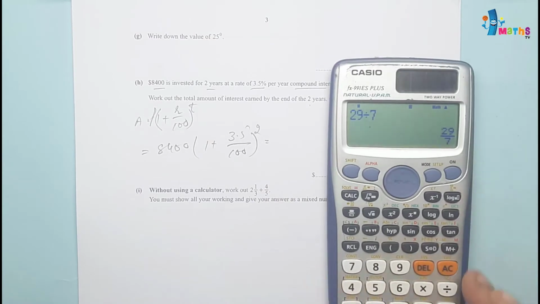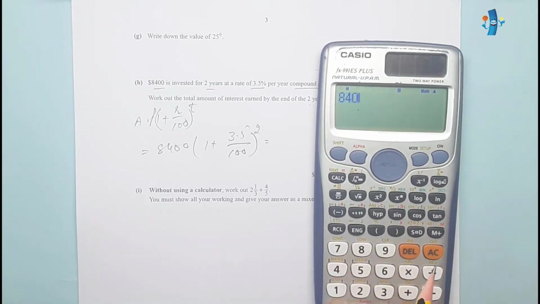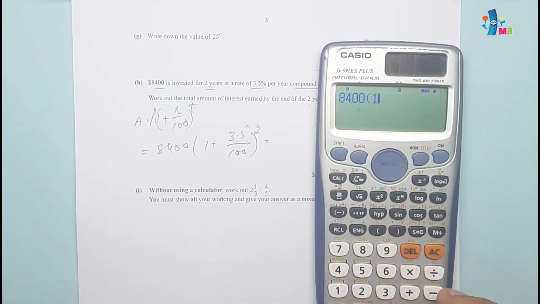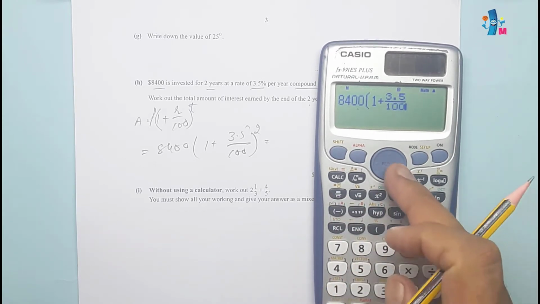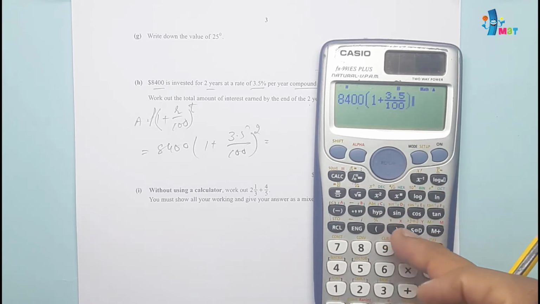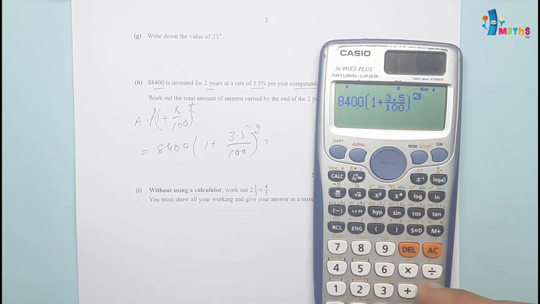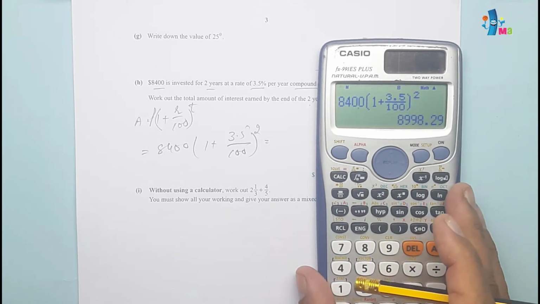So we can write this as 8400 into 1 plus 3.5 over 100, raised to the power 2, and this is equal to 8998.29.